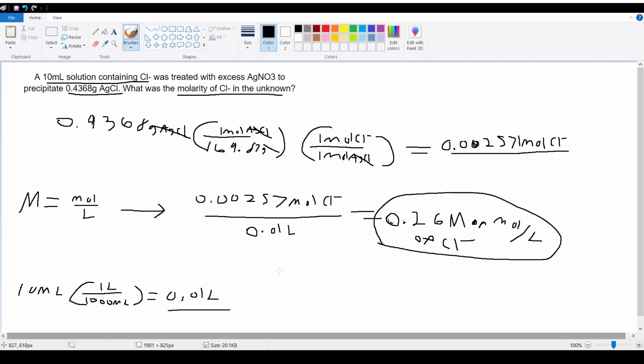So after that, we've looked over everything. I've showed you how to perform a gravimetric analysis equation of finding the molarity of a specific substance inside an unknown solution.